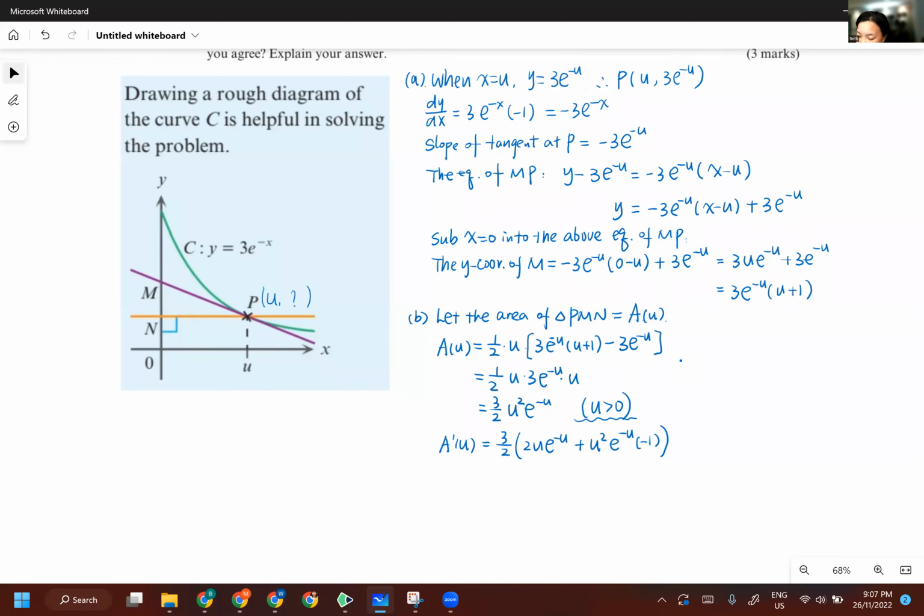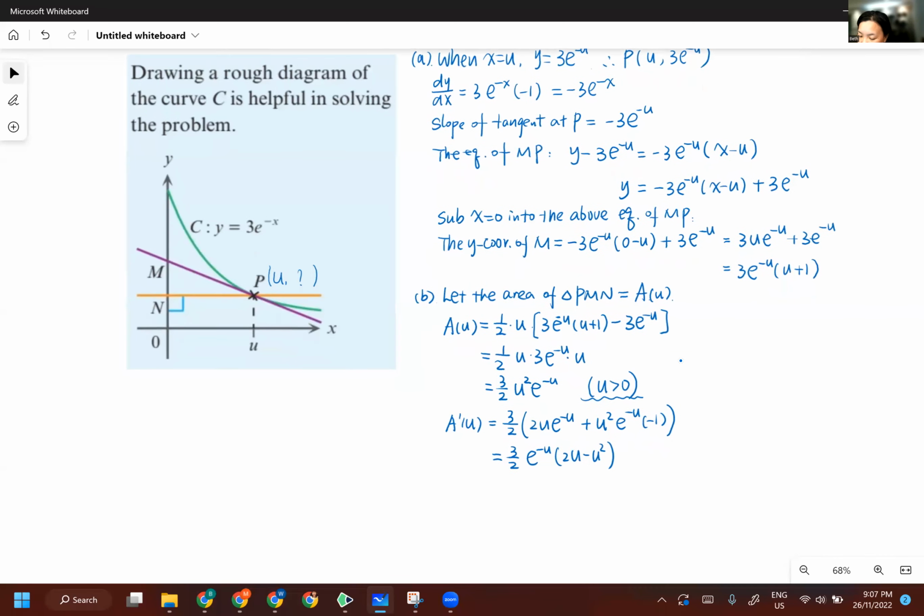Now take out 3 over 2 e to the power negative u: (2u minus u squared), right? Then I solve A prime(u) equals 0. I have u equals 0 or 2.